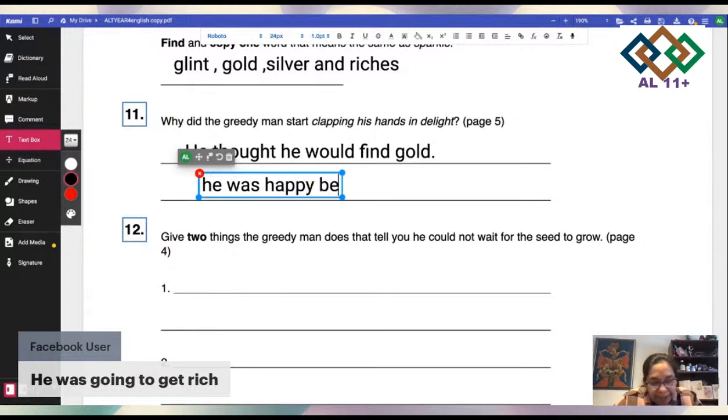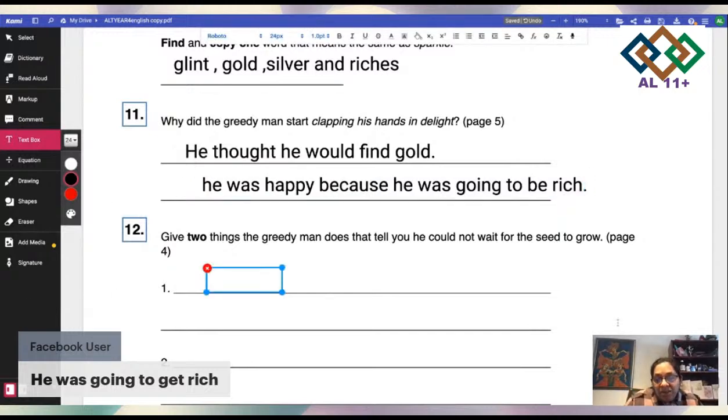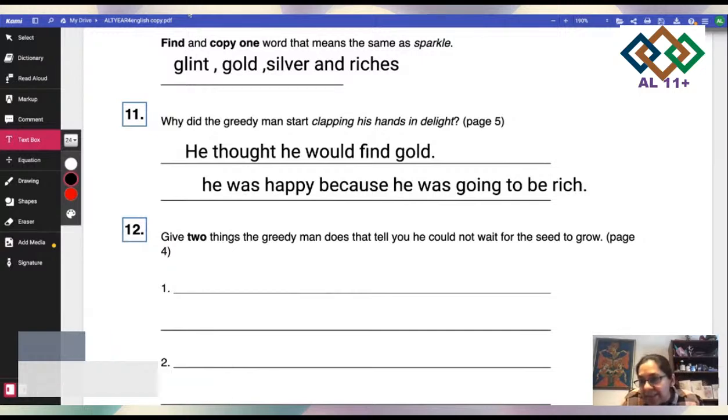He was happy because he was going to be rich. So that was the reasons he was really happy. Let me just take some of your answers you guys have written.